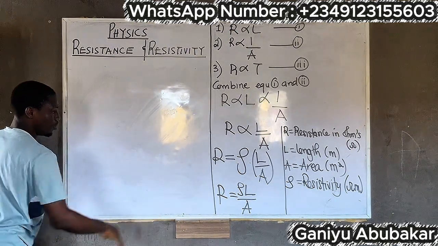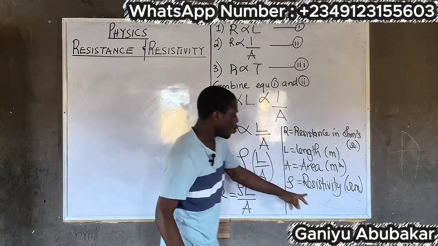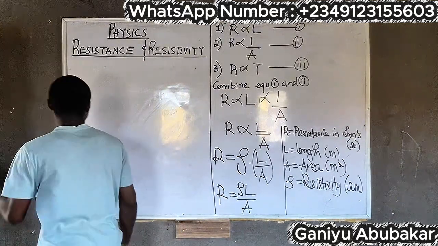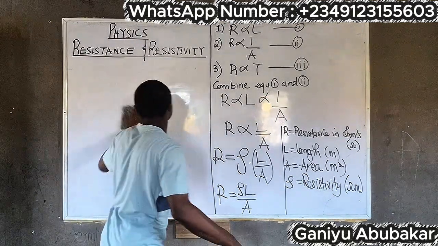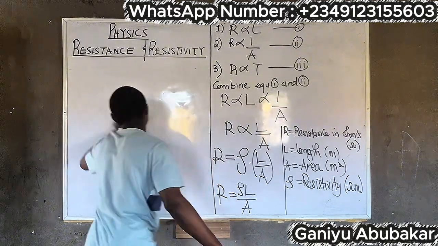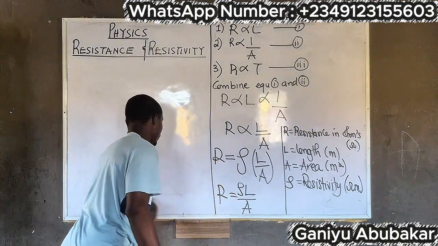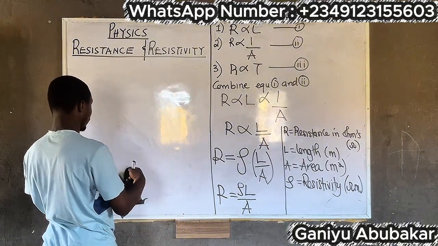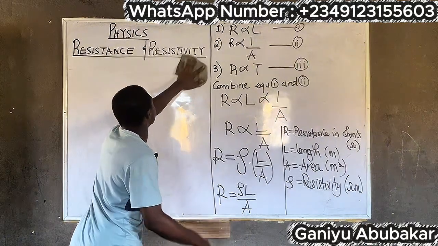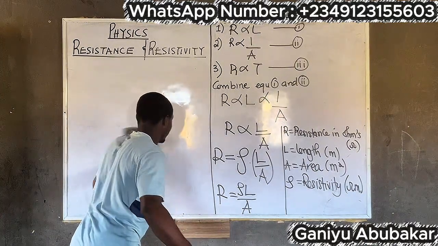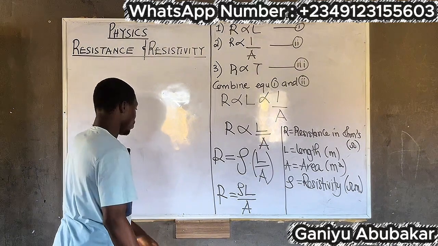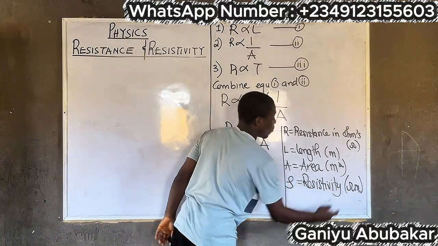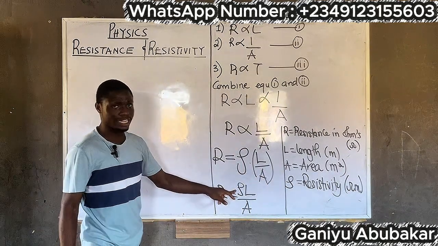All right. Next task says that we said resistivity is in ohm meter. Why is it so? First things first, let's make rho the subject of the formula here.